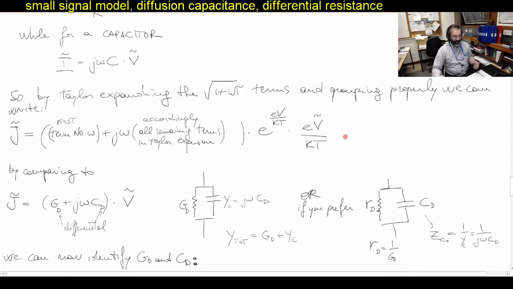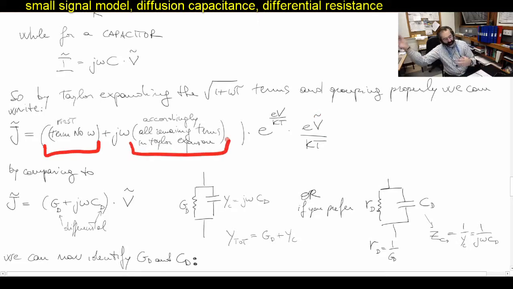And that's what I try to highlight further here. So J tilde relates to V tilde through a first term that has no omega, and j omega times some other terms, some of which depend on omega.